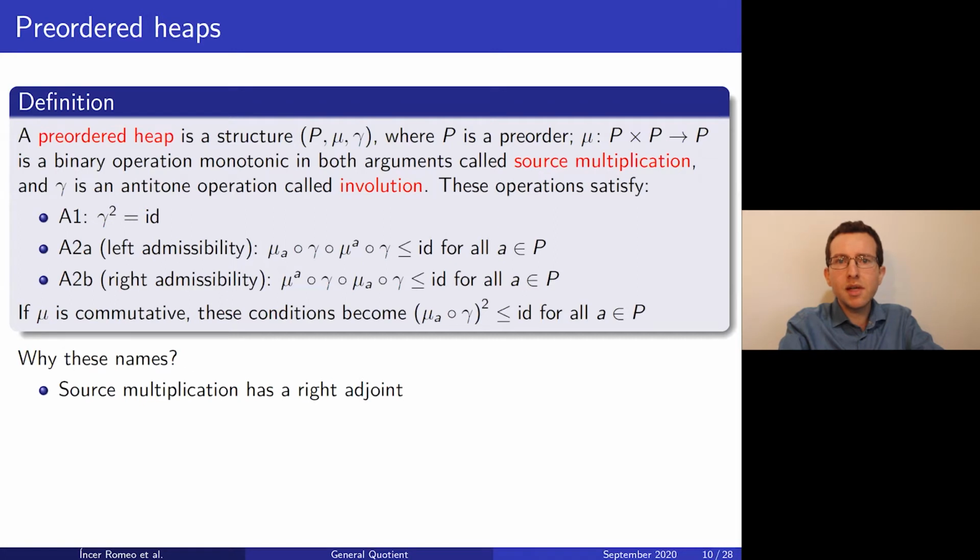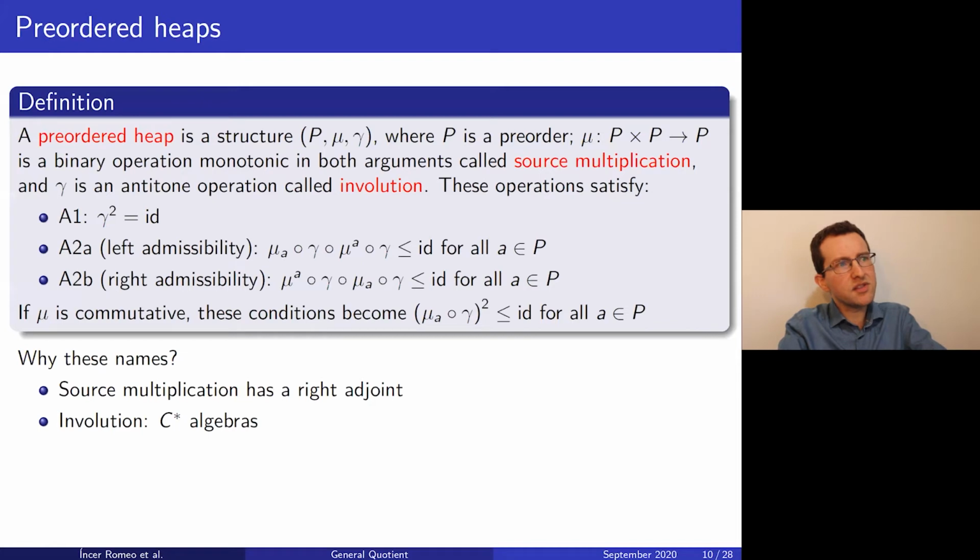Therefore, whenever you apply mu to an object of the preorder, you obtain the source of the arrows involved in the adjunction. This is the reason we have the name source. The name involution is borrowed straight from sister algebras. In sister algebras, an involution is a unary operation which is its own inverse. And this is exactly the role that our gamma is playing here.